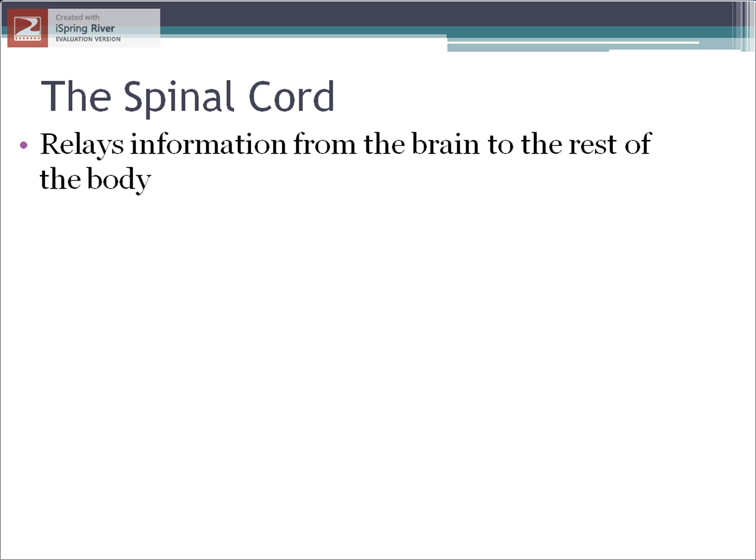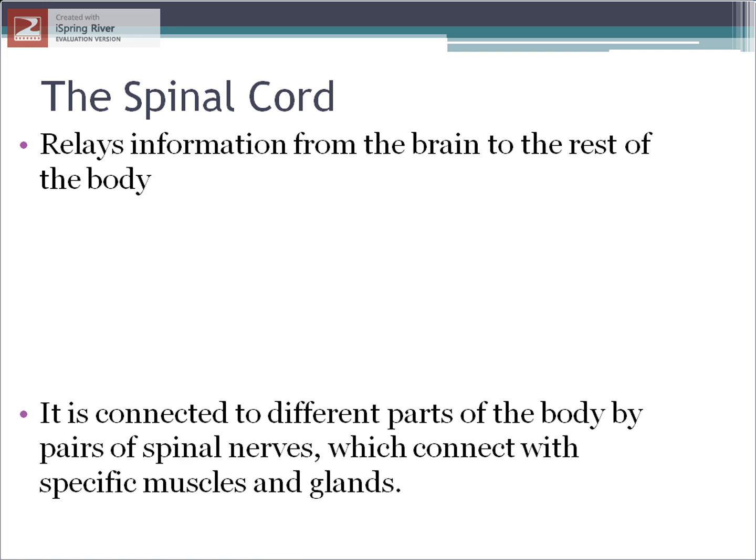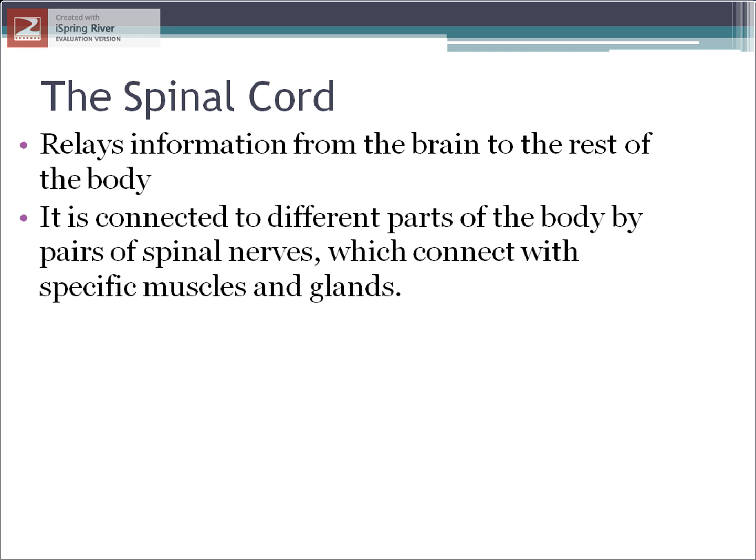This allows the brain to monitor and regulate bodily processes such as digestion and breathing, and to coordinate voluntary movements. The spinal cord is connected to different parts of the body by pairs of spinal nerves, which connect with specific muscles and glands.